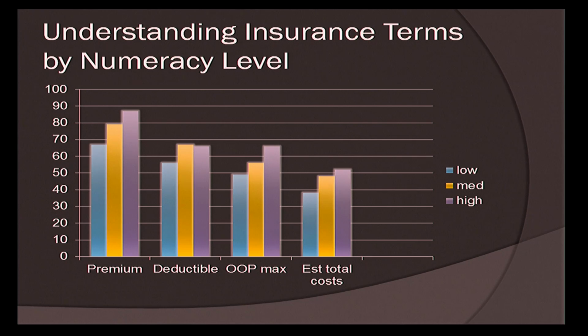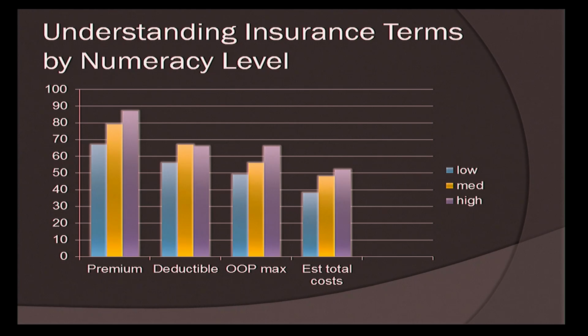People were randomly assigned to different ways of seeing the same information, and we looked at how that affected their choices.